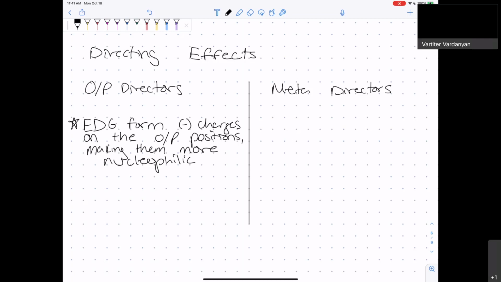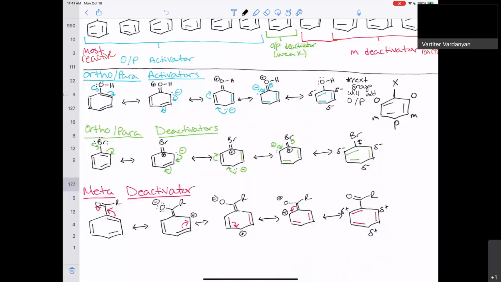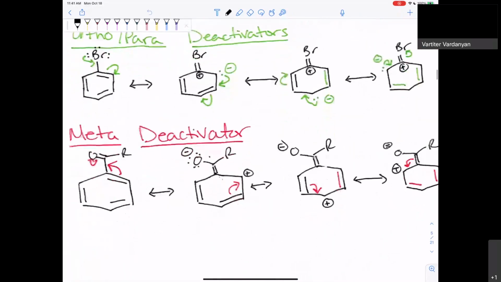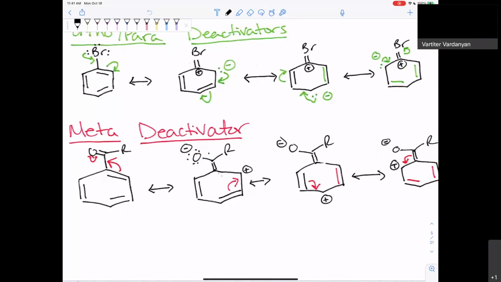All right, so I will come back to this page in a second, but I do want to show you. So ignore the fact that it's called ortho-para deactivator. We haven't talked about that yet. But let's say we have a halogen, right? So halogens are weird in that, do they donate or do they withdraw? They're withdrawing groups because they're super, super electronegative. They're stealing all this electron density. But they have lone pairs.